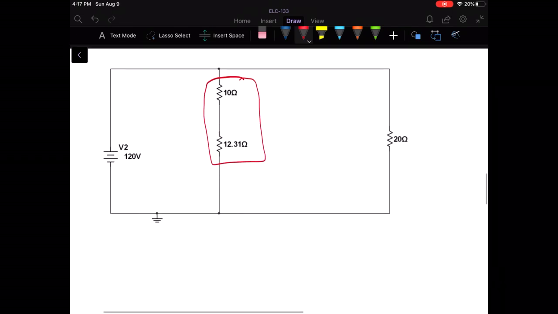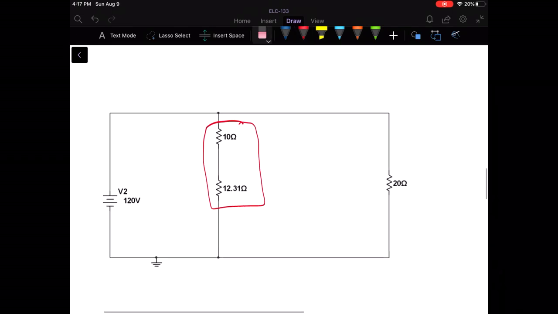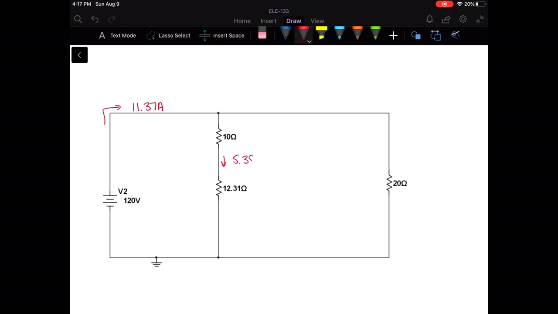Okay, up to the next step, and we're going to add back what we have learned. 11.37 amperes here. We have 5.38 amperes on this branch and 6 on this branch. We still have 120 volts here. That 20 ohm resistor did not change.